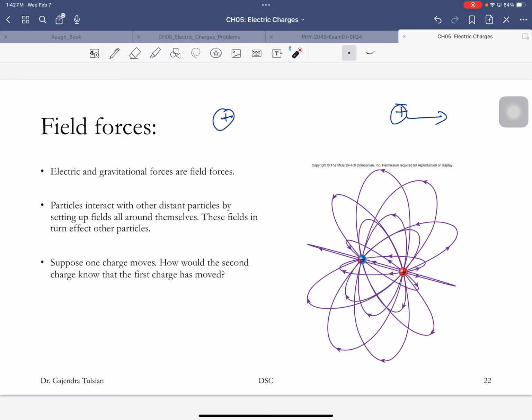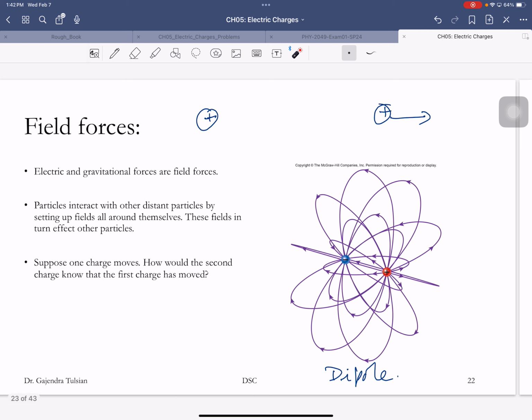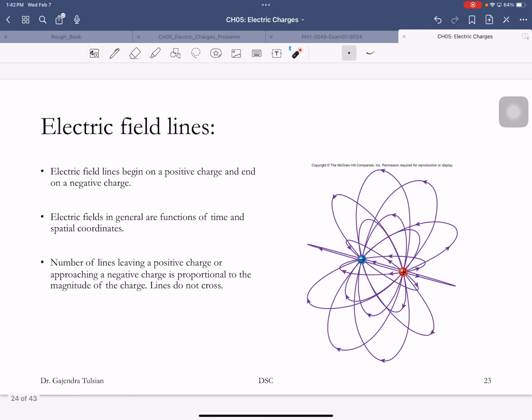All right, so two equal and opposite charges separated from each other are called a dipole. These things are important, and we'll study them. Here's how the field looks. Electric field lines begin on a positive charge and end on a negative charge.